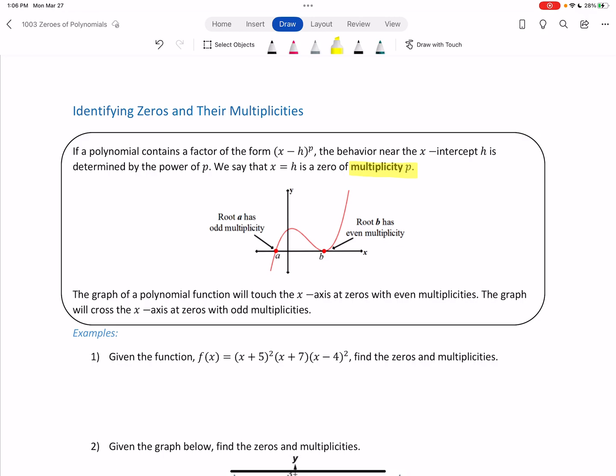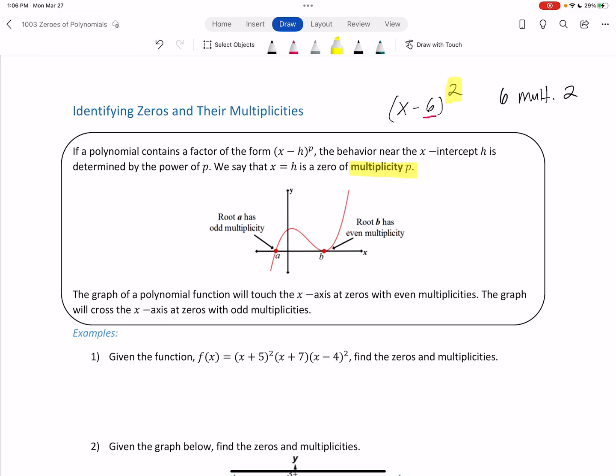It says if a polynomial contains a factor of the form x minus h to the p, so in our first example, we had x minus 6 squared, so my p would have been 2 and my h would have been 6. The behavior near the x-intercept is determined by the power. We say that x equals h is a zero of multiplicity p. So 6 had multiplicity 2 because 6 was my zero and its power was 2.